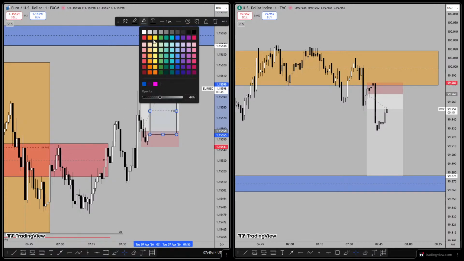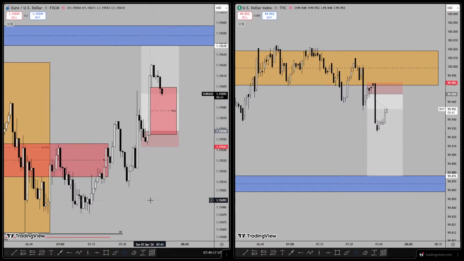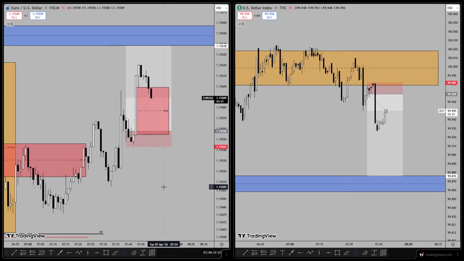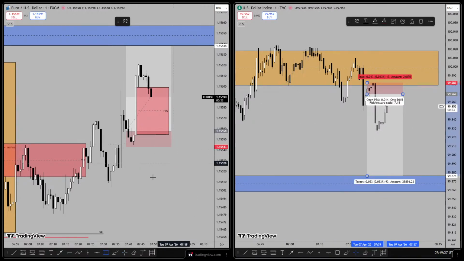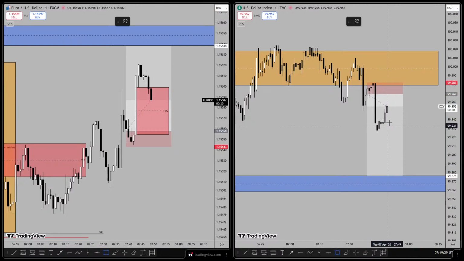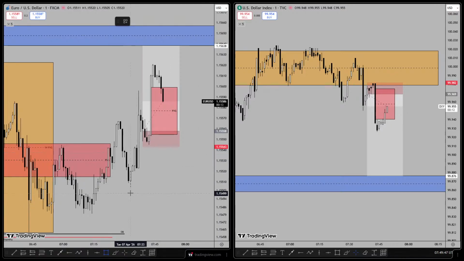Let's call it fair value gap. Let's make it red. The price was to trade through the fair value gap and stop it out, which we already predicted, so move our stop to the swing low.